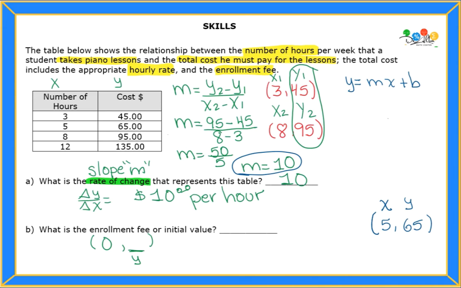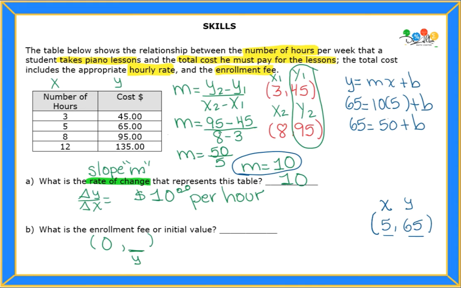Let's replace those values in the equation. Y, it's 65. M, it's a 10. X, it's a 5. I'm choosing the points from here. Plus b. Now remember, b is your y-intercept. So let's move on. 10 times 5 is 50, plus b.